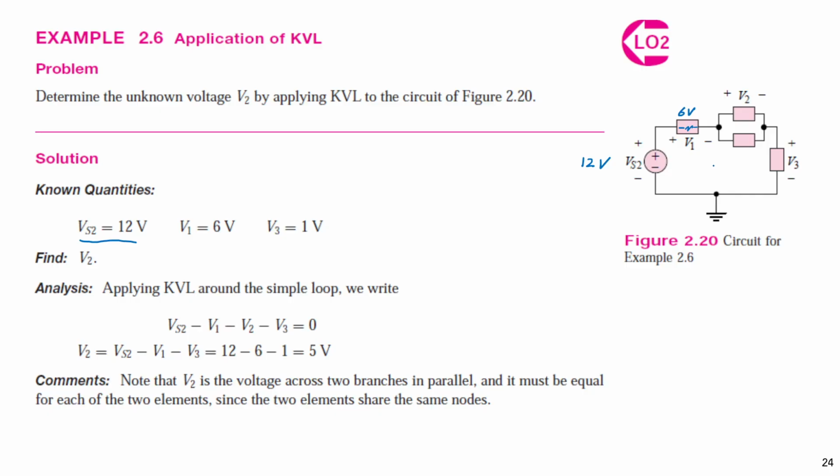V3 is 1 volt, this could be a resistor. Then what about V2, right? What about V2? So we use KCL with this KVL, KVL.